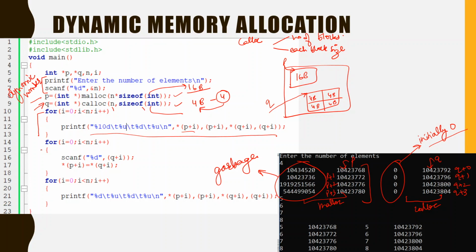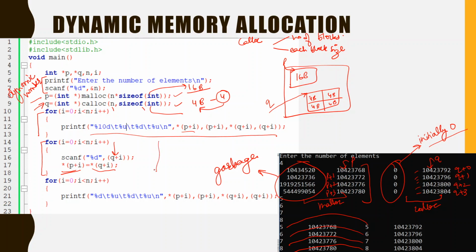You can also see how we have scanned values with the help of this dynamic memory allocation. Since we allocated memory to q, we scanned the values at the q locations, and copied these values to the corresponding locations in p.